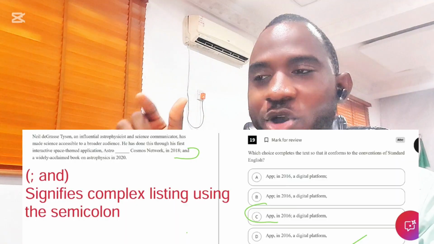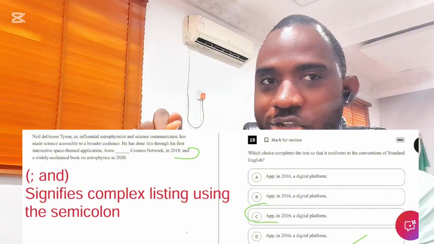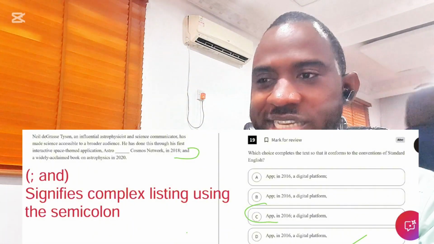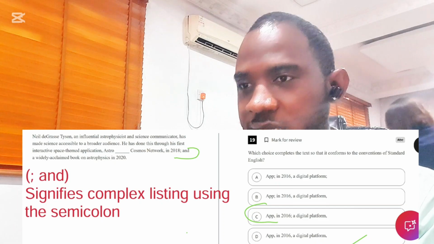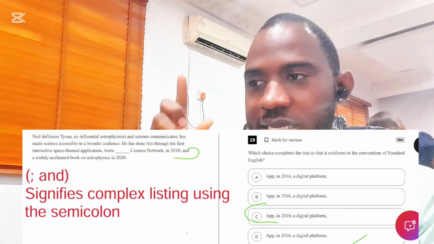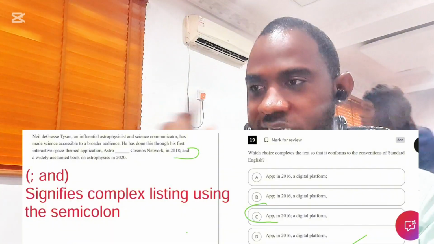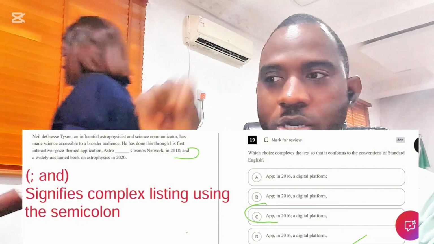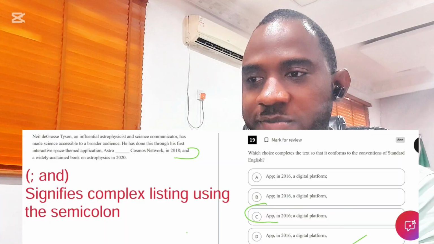Astro is the name of the first item, interactive space themed application, comma, Astro. They're giving us this as well, comma, then the date. Yes, in 2016, semicolon, a digital platform. I plug in the option at the same time, a digital platform, comma, named Cosmos Network. So the right answer obviously is option C.